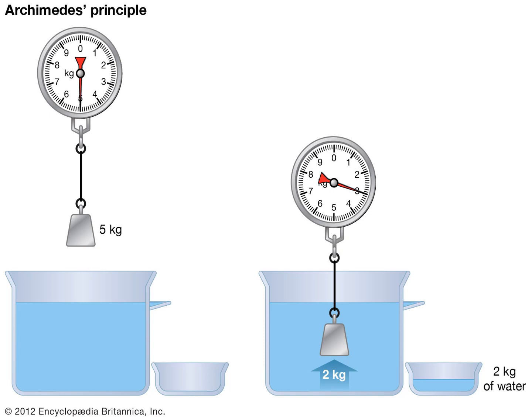Whether partially or completely immersed in a fluid, upthrust is equal to the weight of the fluid displaced, which is the apparent loss of weight of the body. Apparent weight of an object equals true weight of the object in air minus upthrust, which is the weight of water displaced.